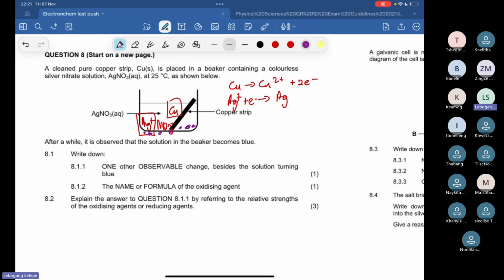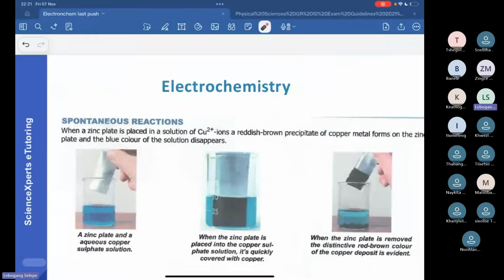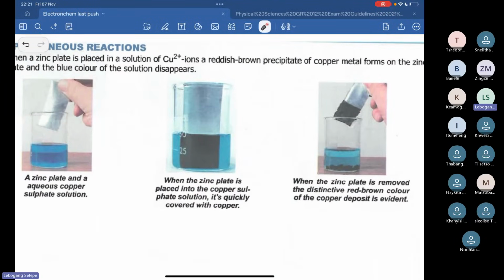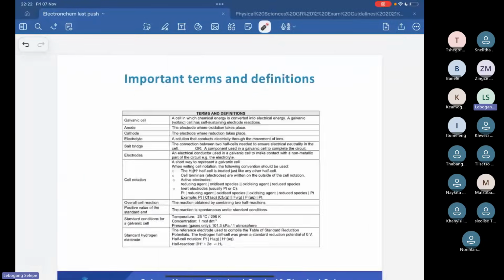Let's go back here. Can you see what happened when they reacted zinc with the copper solution? We also saw some deposits on the floor of the solution. So the same thing is happening in this case.